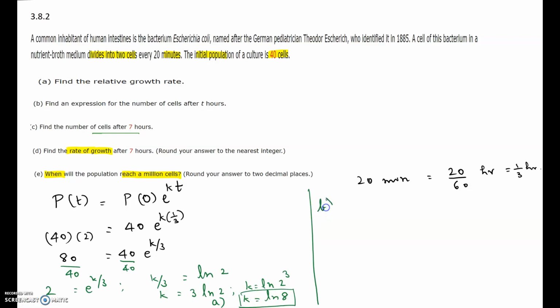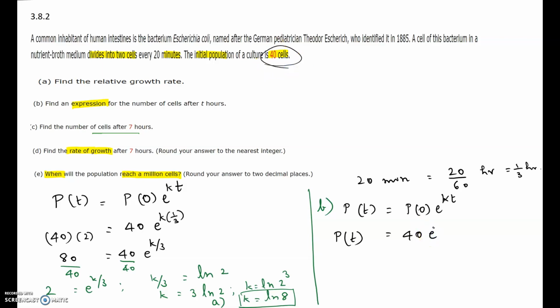For part B, the question is asking us to find an expression for the number of cells after T hours. So P of T, with T in hours, P of 0, e to the kt is the model. So P of T stays as P of T, population after T hours. P of 0 is given to be the initial population, that is 40 cells.